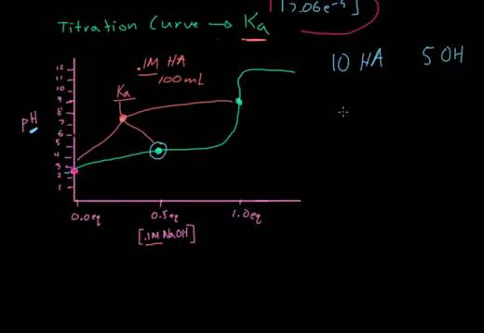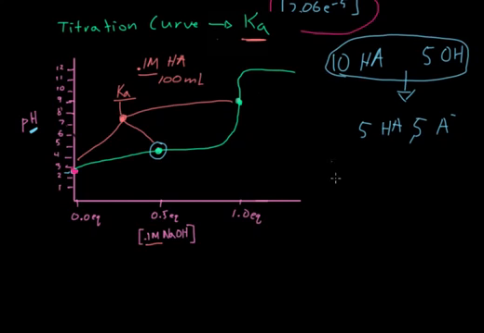And what this means is that this will generate 5 A- and 5 HA, because these guys are going to react completely. HA plus OH minus goes to A- plus H2O.